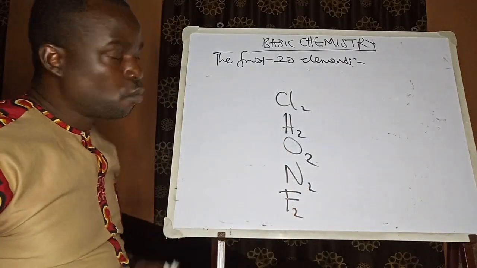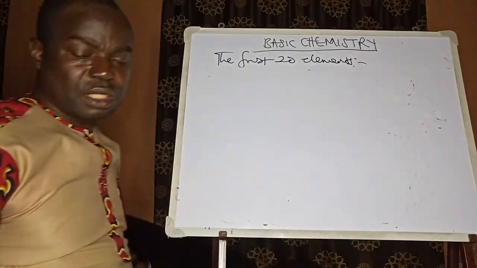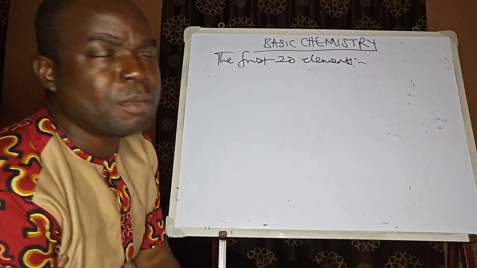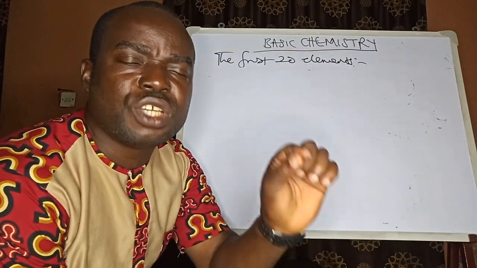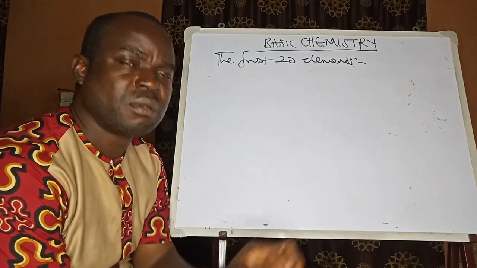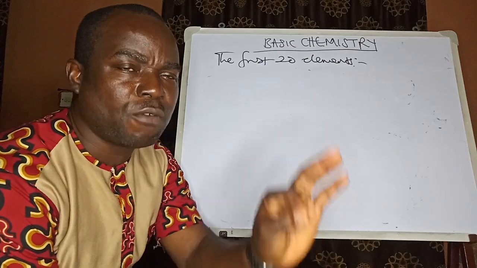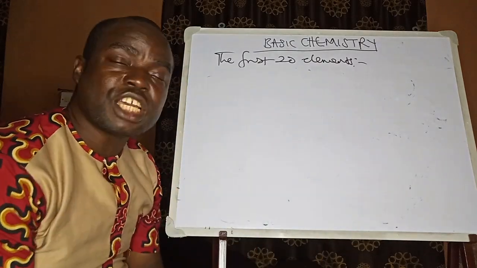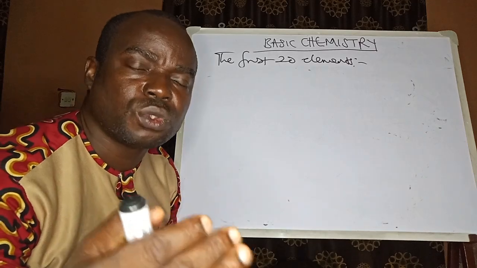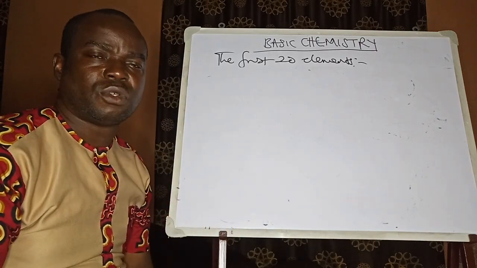Now very quickly, the second key point I want us to pick from these first 20 elements is that the serial number of each element is the atomic number of the element. For example, check your sodium. Sodium is number 11, right?